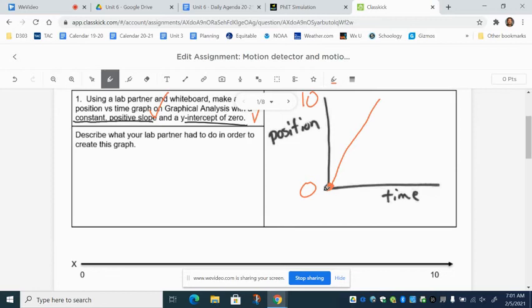So at time 0, he starts right here, right at 0. So you just put a little circle. Started at 0. And then we moved away from the 0 point, right? So we're going to put an arrow moving away from the 0 point. Now, he moves the same rate every time.